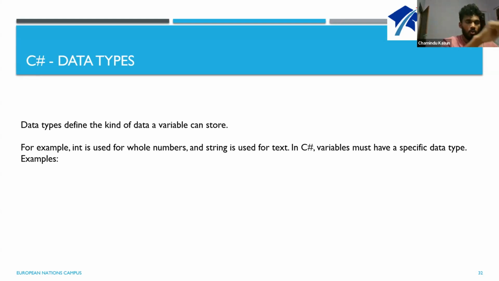Then we have characters. Characters can be a single character or multiple characters. Then we have booleans, which are either true or false. Those are the three kinds of data there are.